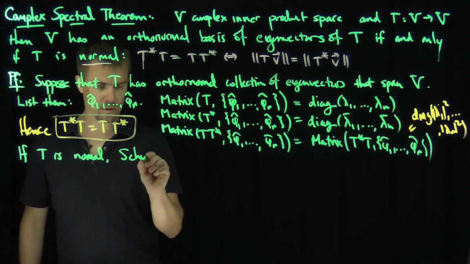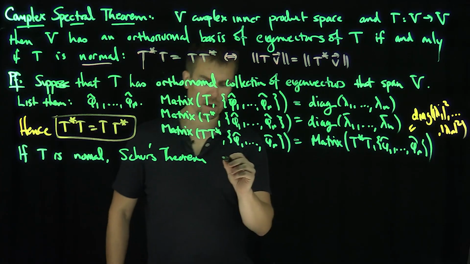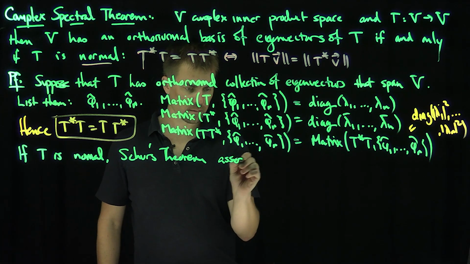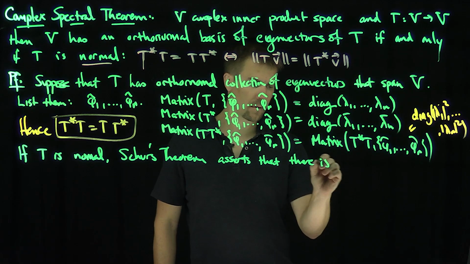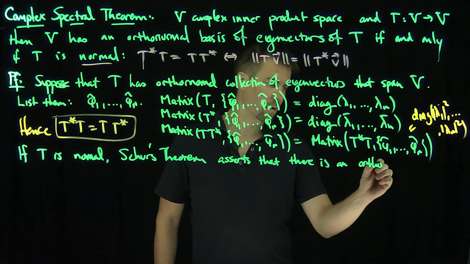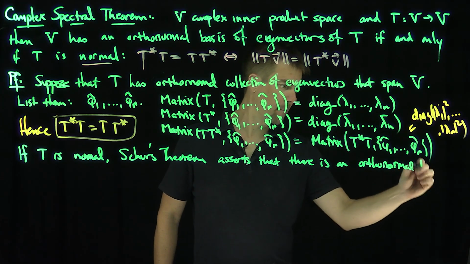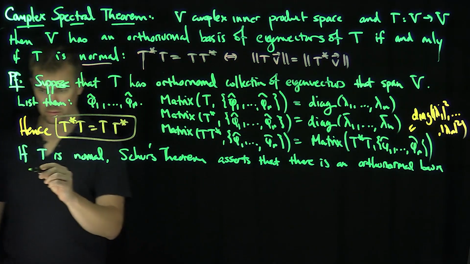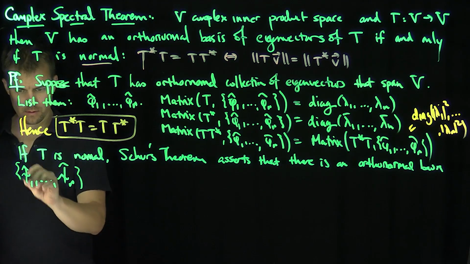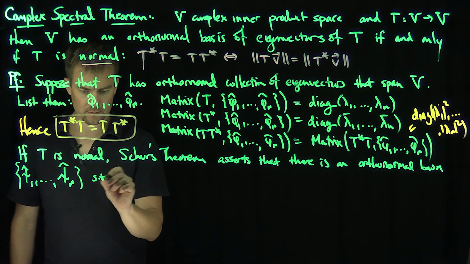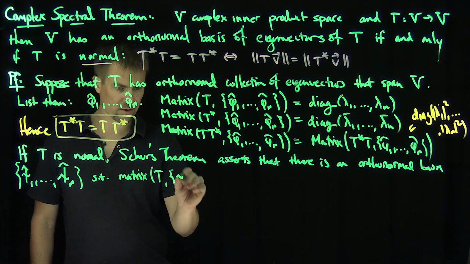Schur's lemma asserts that there's a basis psi 1 hat through psi n hat such that the matrix representation of T with respect to this basis is upper triangular.